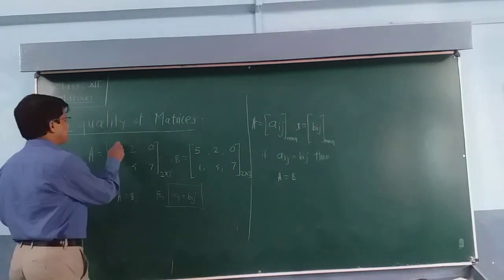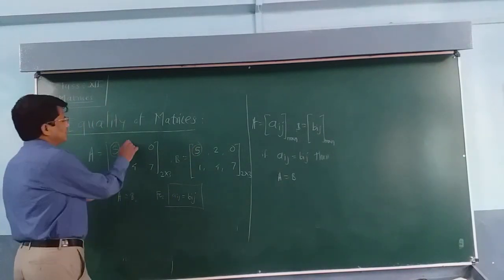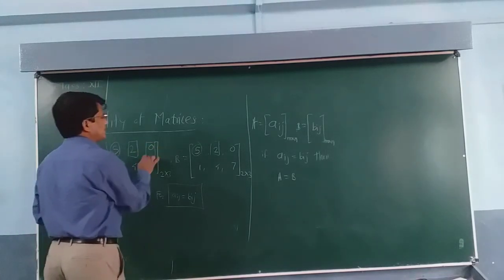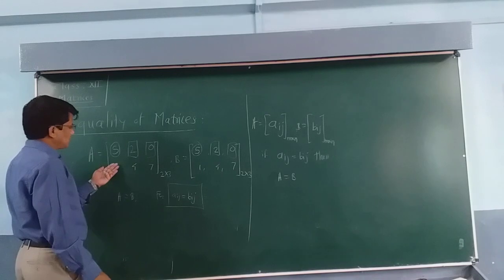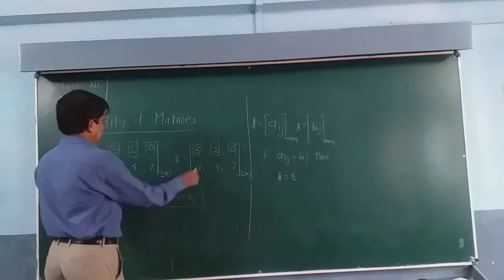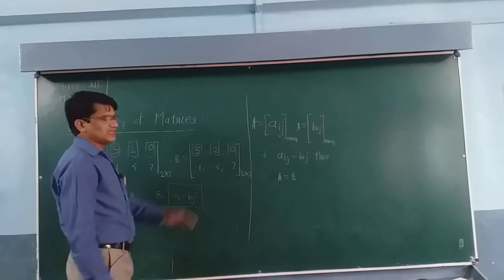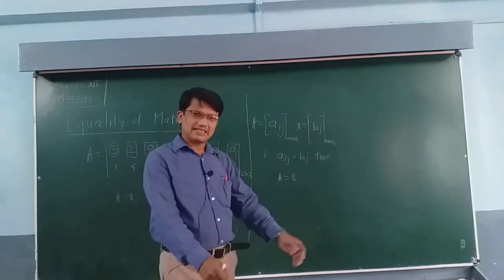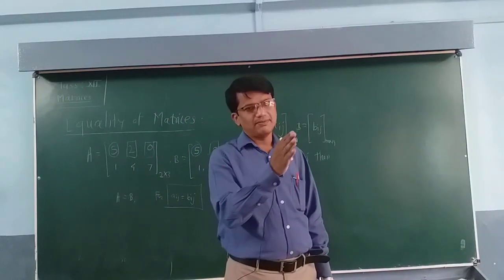First position is 5, here also 5. Second position 2, here also 2. Third position 0, here also 0. In the second row, first position 1, here also 1. Second position 4, here also 4. Here 7, here also 7. If the corresponding elements are the same, then matrix A is said to be equal to B.